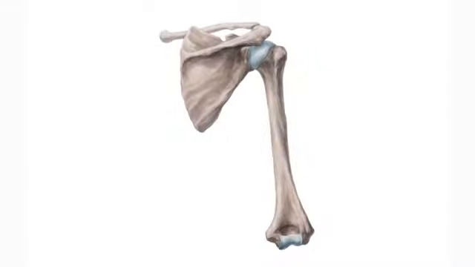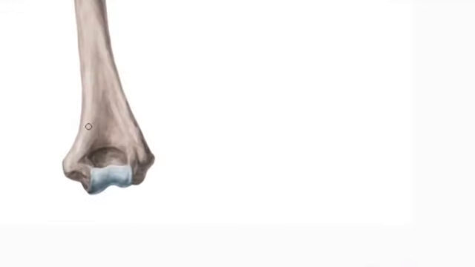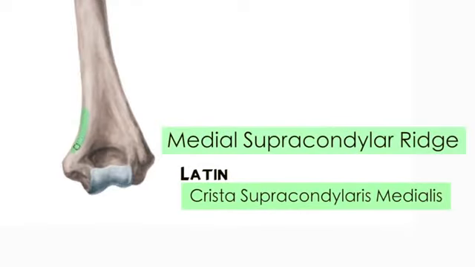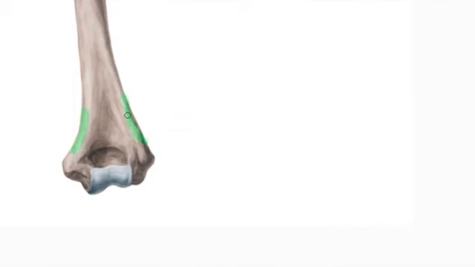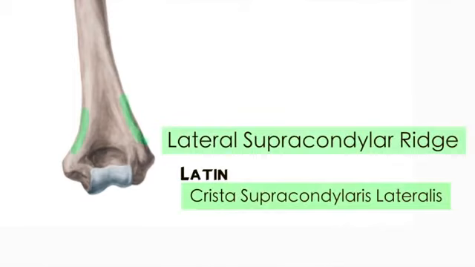Now, if we go further down or more distally, we're going to find a few structures that are important to mention. The first one is the medial supracondylar ridge, and you also find a lateral one, so a lateral supracondylar ridge.